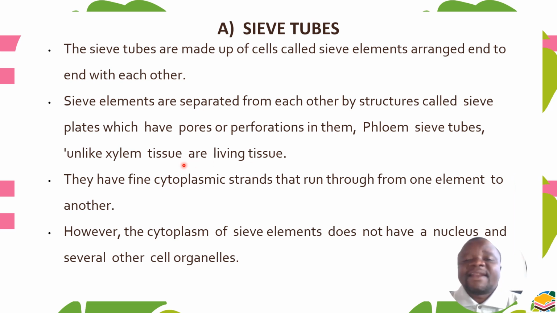We said xylem has dead cells, but phloem is a living tissue. So they have fine cytoplasmic strands that run through from one element to another. However, the cytoplasm of the sieve elements does not have a nucleus or several cell organelles.